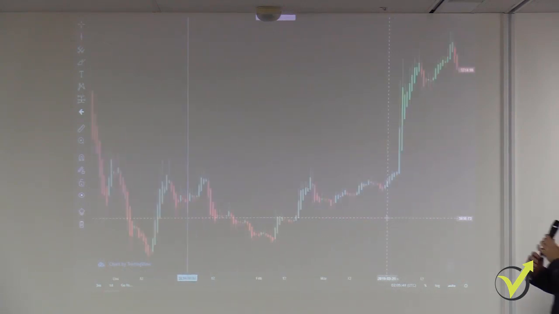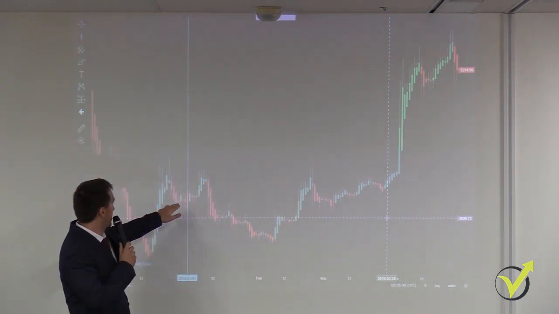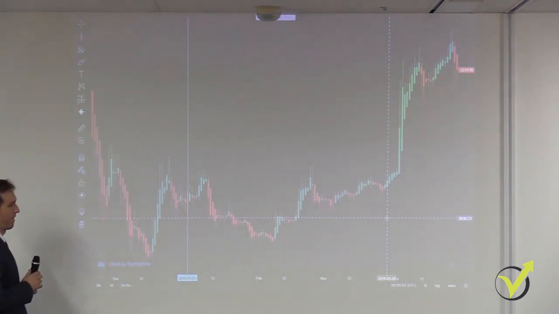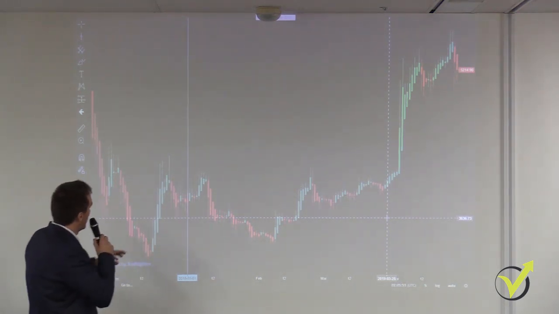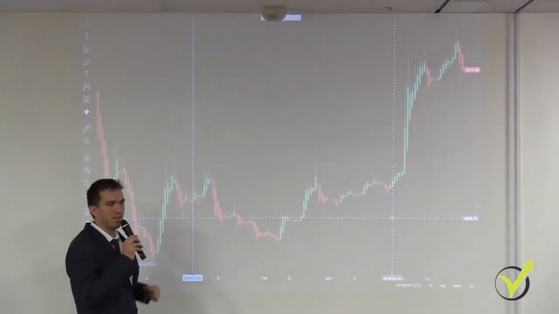So you can see on 1st of January this year, we have a negative candle. Which means that if you're looking the day before, you will be in the right direction.